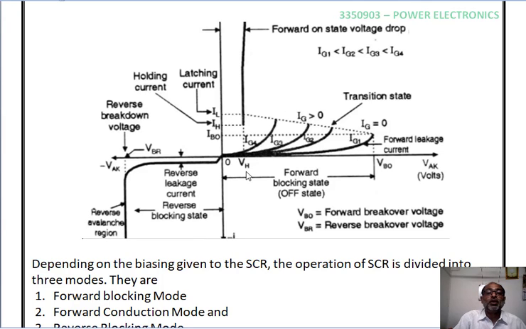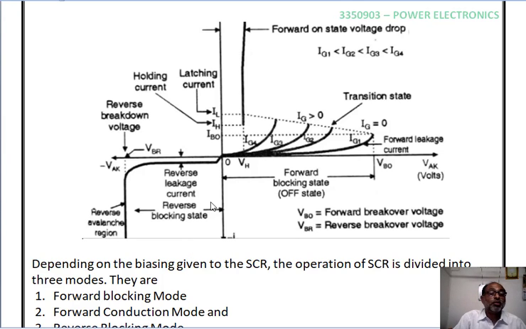First, forward blocking mode or state, or you can say off state. Second, forward conduction mode or state, and third, reverse blocking mode or state.